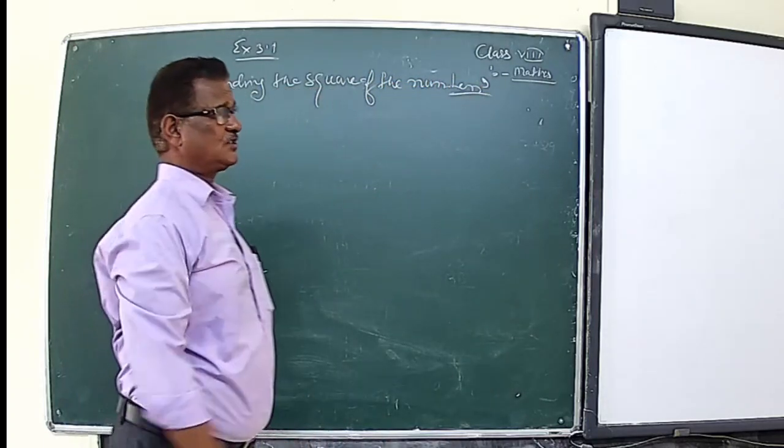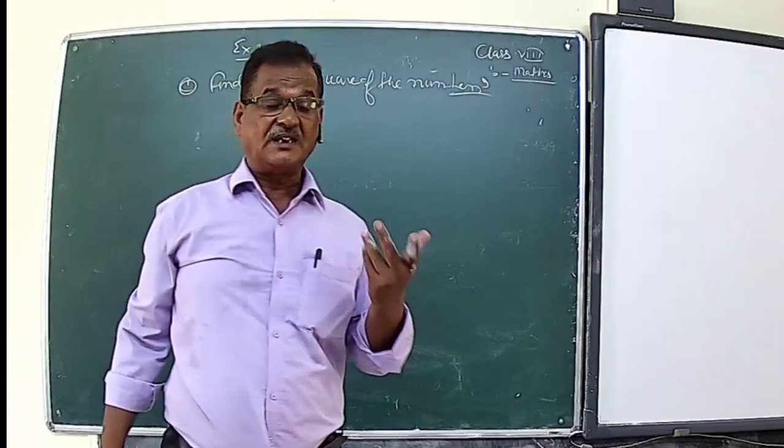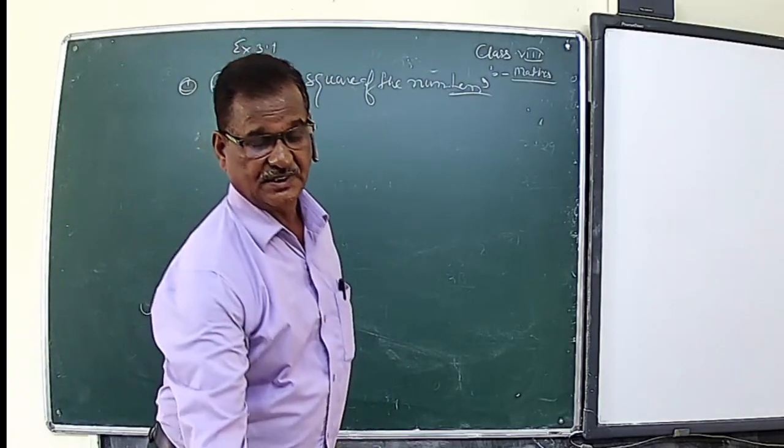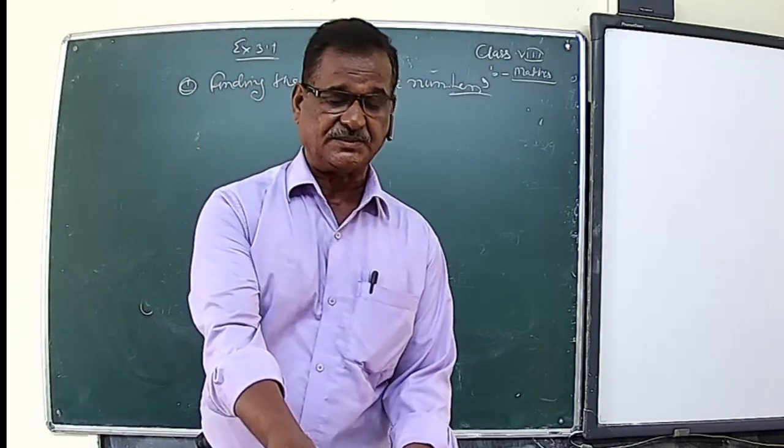We can find the square of a number by multiplying that number by itself. But if the number is bigger, then how can we find the square of the number?